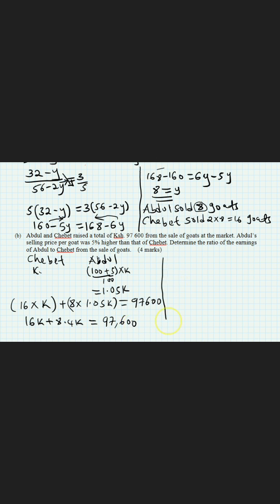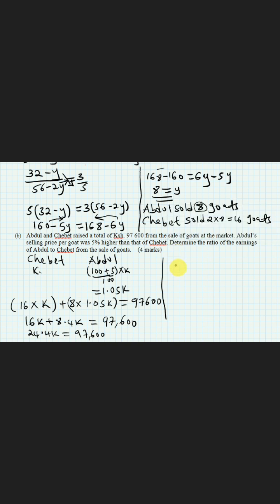So let us now add. When we add, we get 24.4K is equal to 97,600.